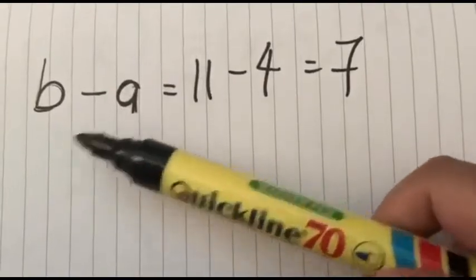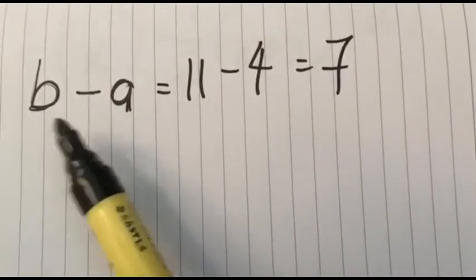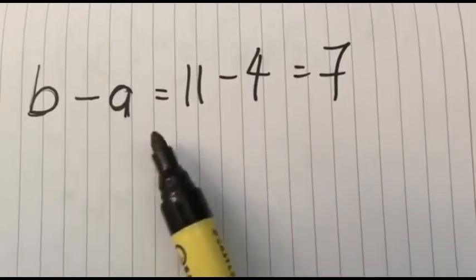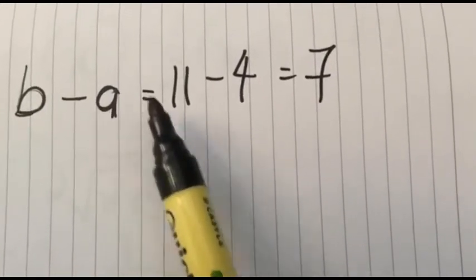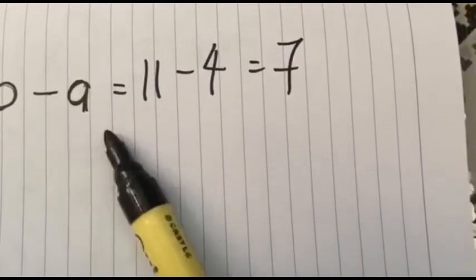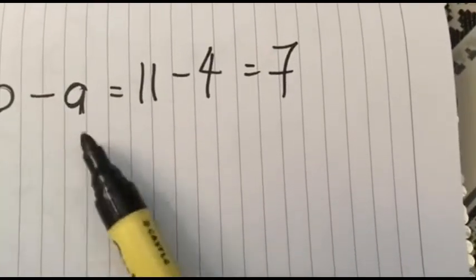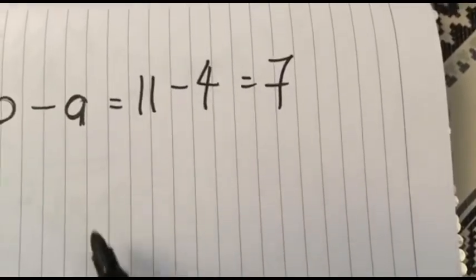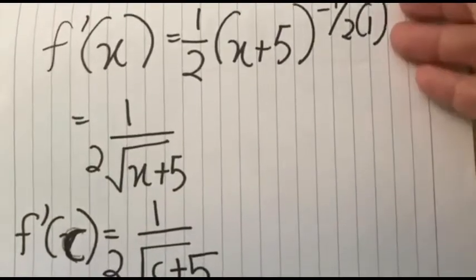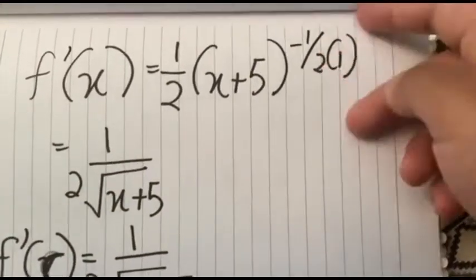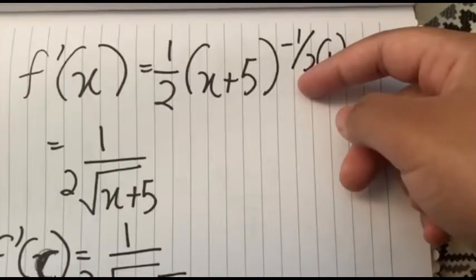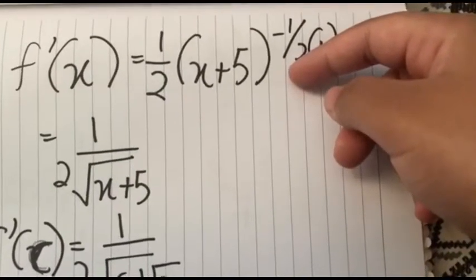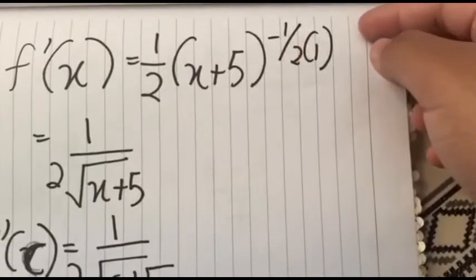Now the next step is to find b − a. Please be careful that b − a is 11 − 4, and not f(b) − f(a). So basically, all the methods that we have done before are for us to put into the formula to find the solution.